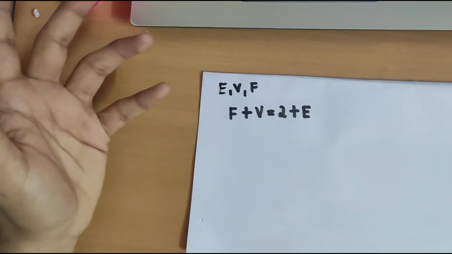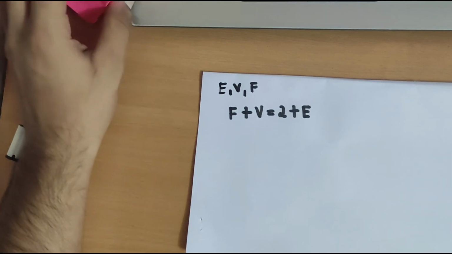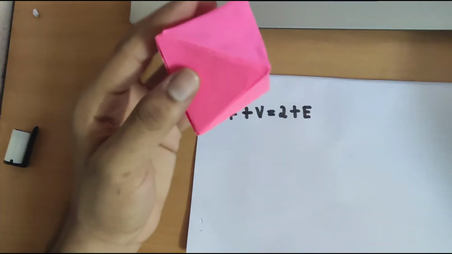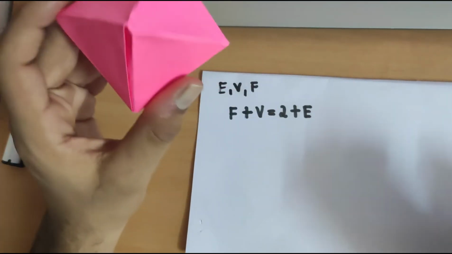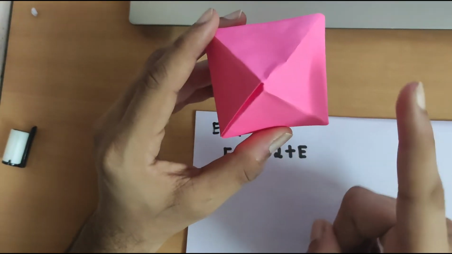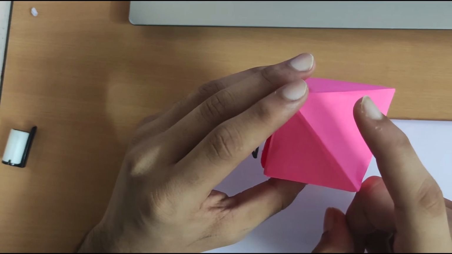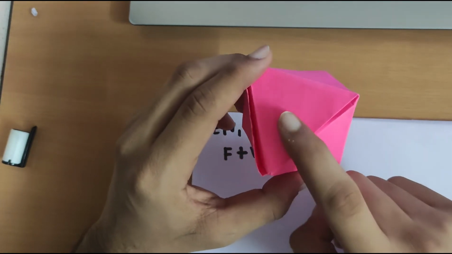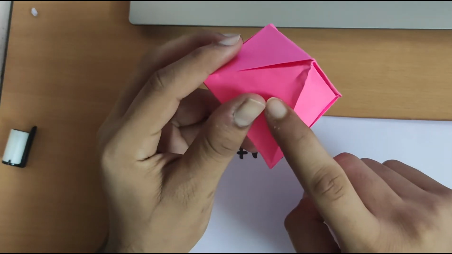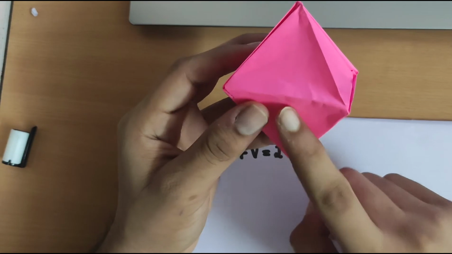Now let's verify it for our octahedron. I'll take the octahedron in my hand. Let's count the number of faces first. 1, 2, 3, 4, 5, 6, 7 and 8.